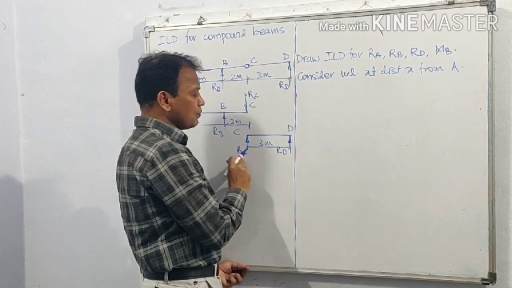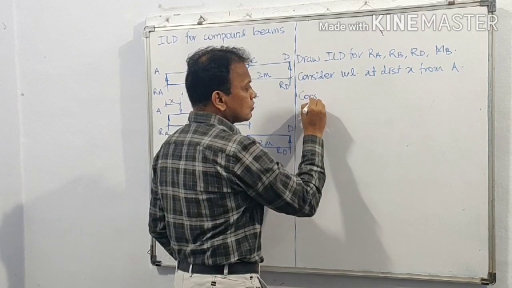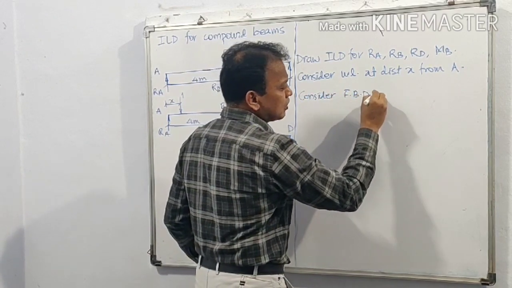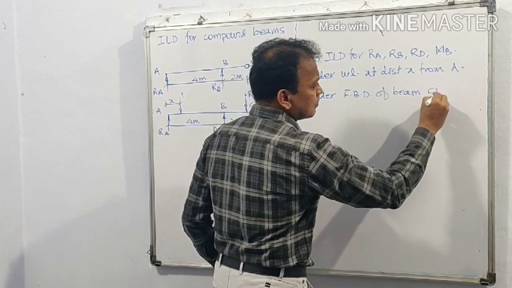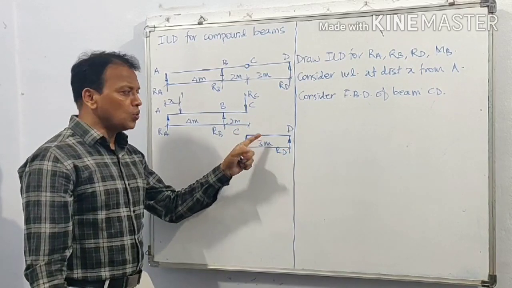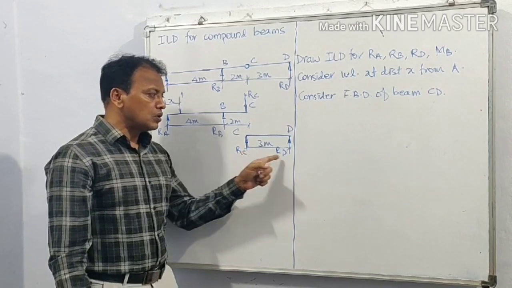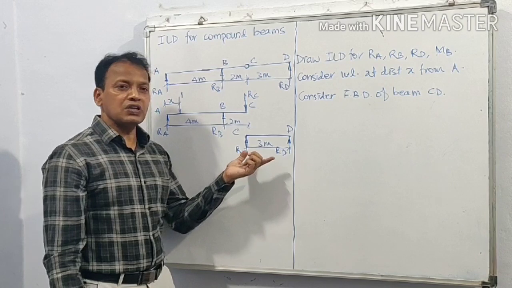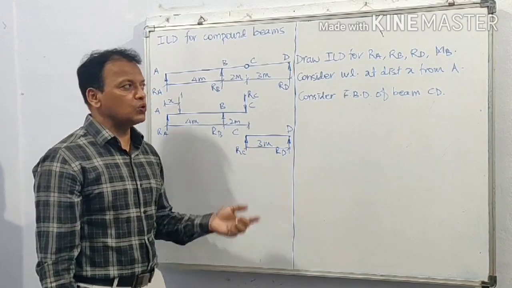Consider the free body diagram of beam CD. For this beam, there is no load acting on beam CD. As there is no load, RC and RD are equal to 0, because RC plus RD is equal to 0. Therefore, RC and RD both should be equal to 0.